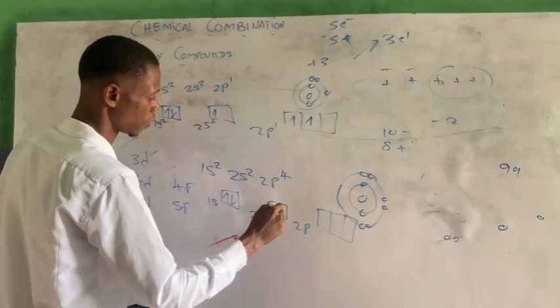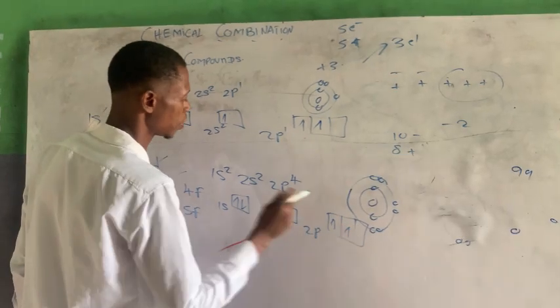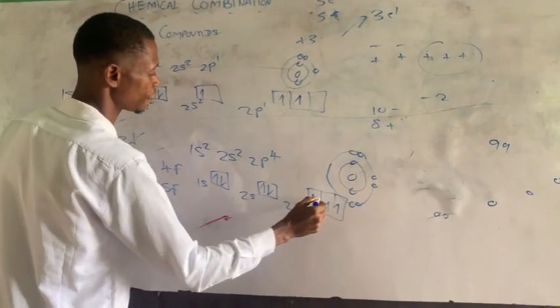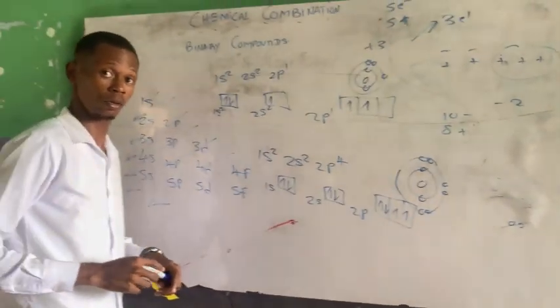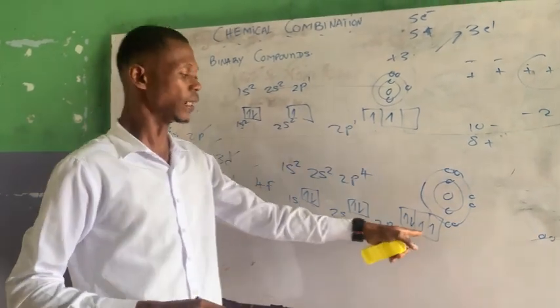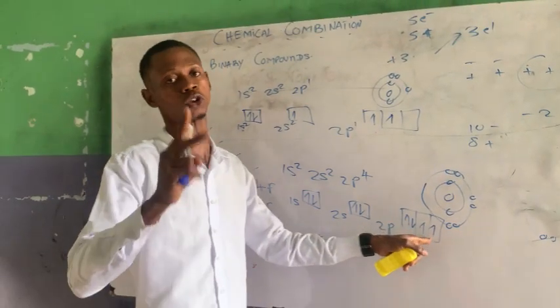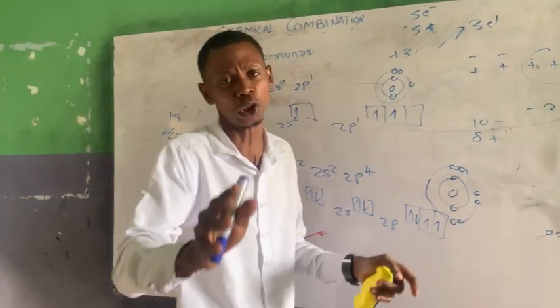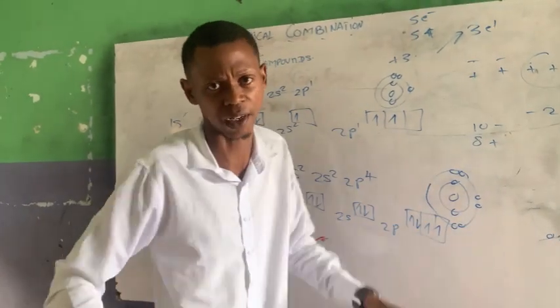So you fill 1, 2, 3, 4, 5, 6. You get 2 electrons ready to unpair. The number of unpaired electrons is the valency.